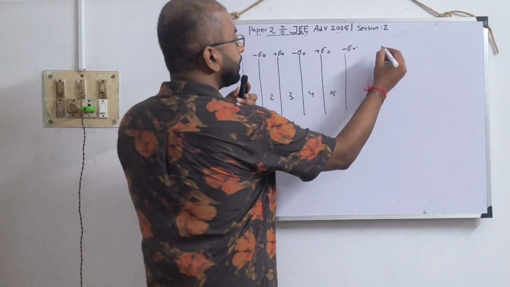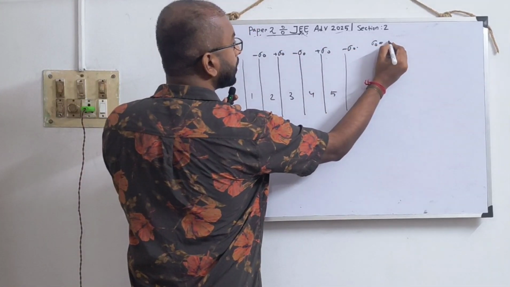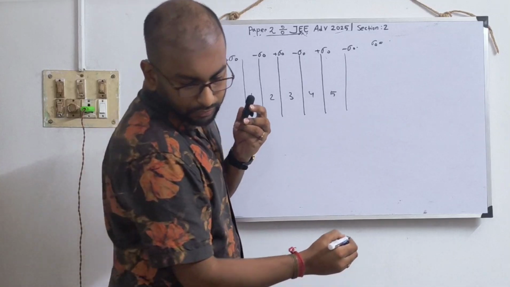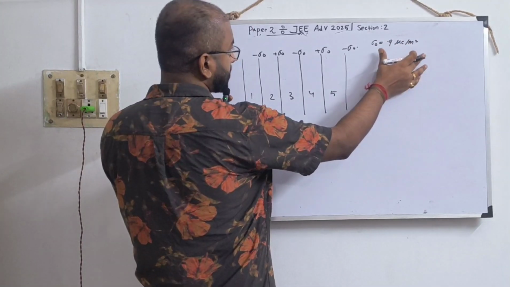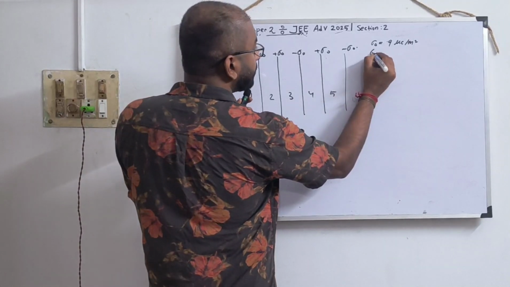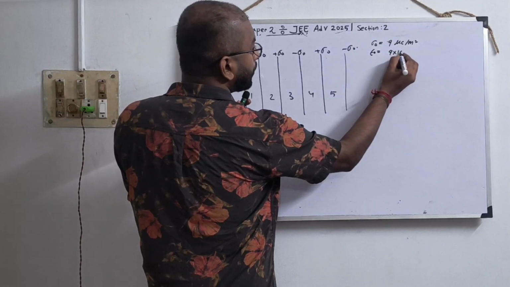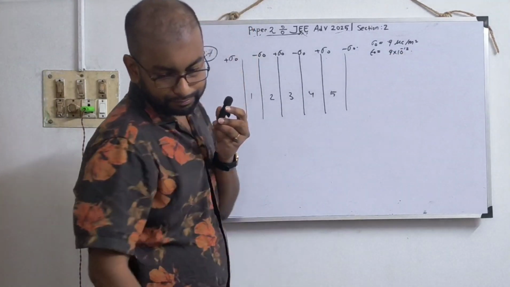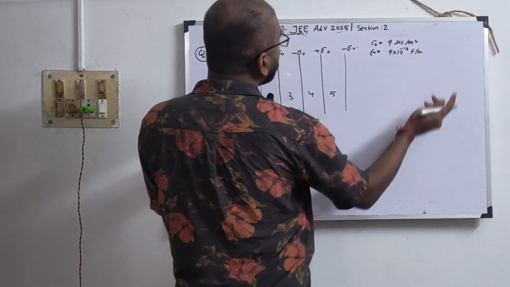And the value of the sigma naught is also given. I'll write down here. Sigma naught is 9 microcoulomb per meter square surface charge density, and permittivity value is given 9 into 10 to the power minus 12 farad per meter. That is okay.